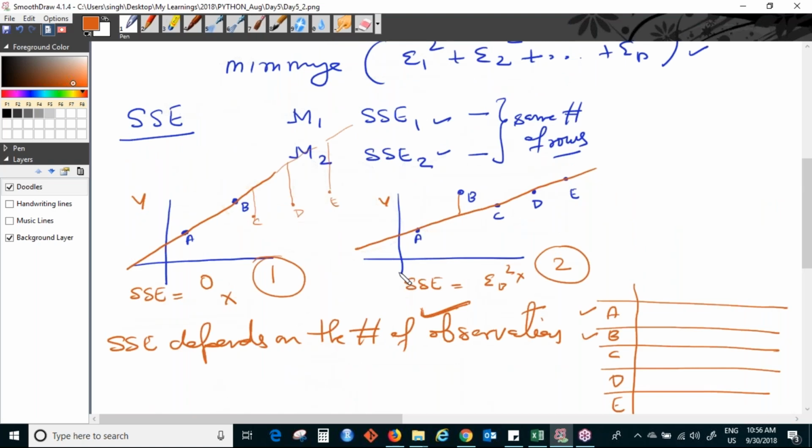Not because the model is bad, just because he or she has taken more observations, and even small errors will add up. That does not mean the model is bad. Only because more data points were taken the second time, the error has become a bigger number. But it is not a bad model. Are you getting this, guys?